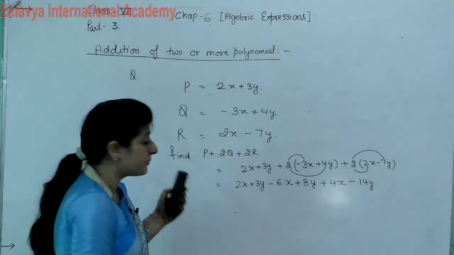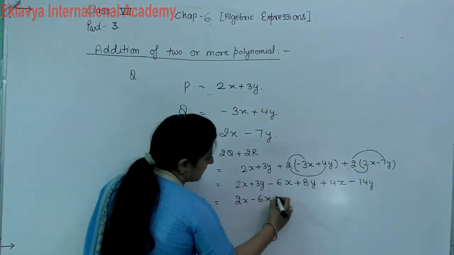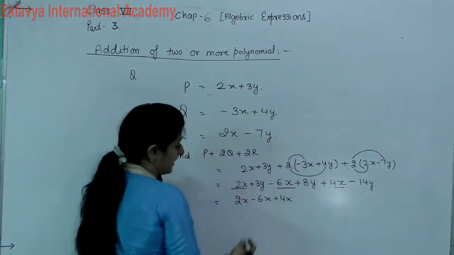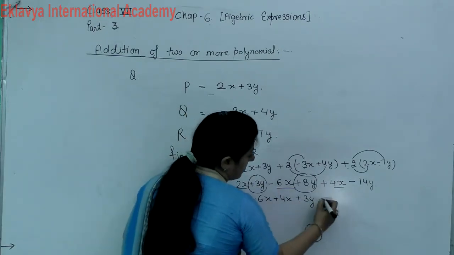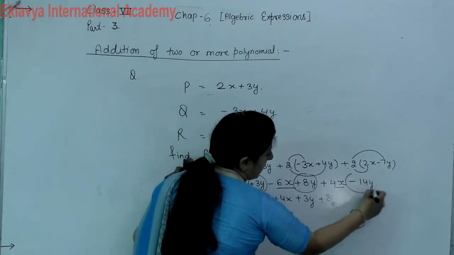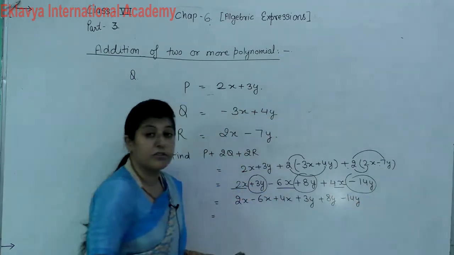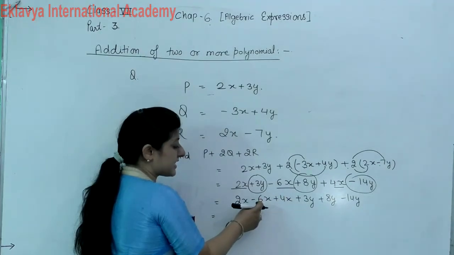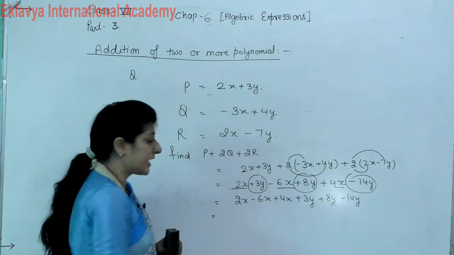Now solve the like terms together. 2x minus 6x plus 4x, and y plus 3y plus 8y minus 14y. Now solve it. 2 plus 4, 6, 6 minus 6, 0. It means there is no need to write this, directly cut it.